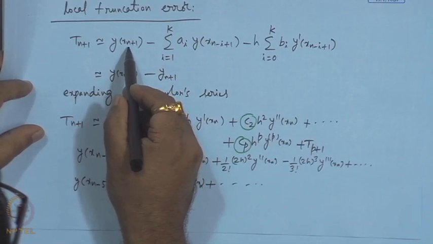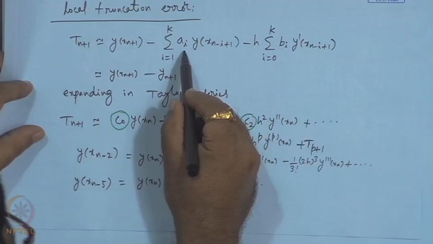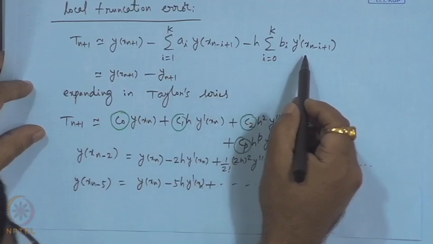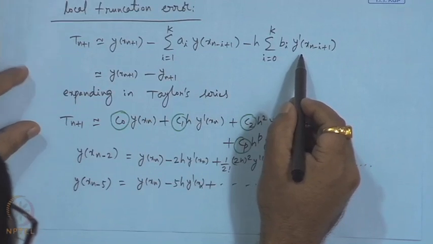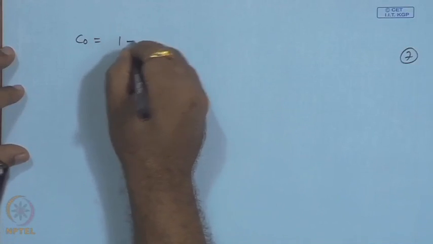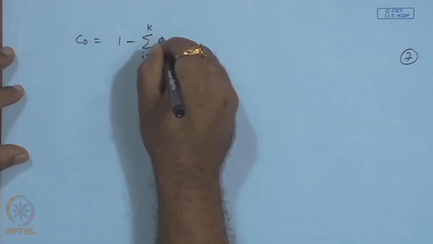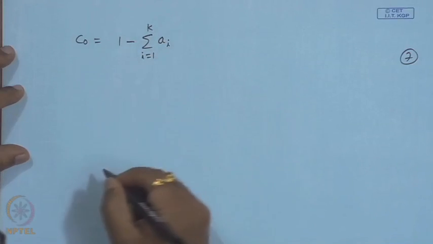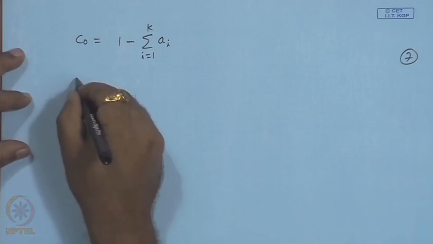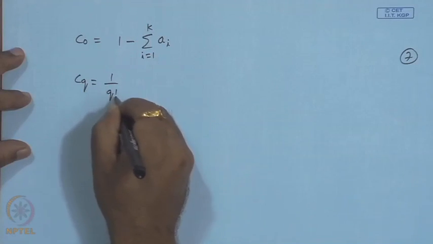In this term coefficient of y of x n is 1, in this term coefficient of y of x n is a i, and in this nothing. Therefore, C 0 is 1 minus sum of a i. Okay.